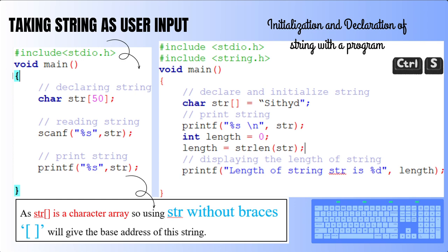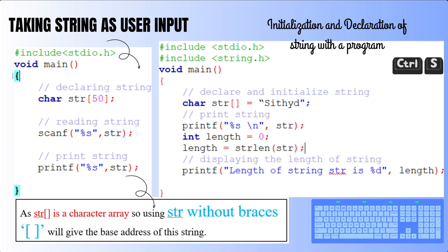we have an example. We just learned the initialization and declaration of a string, so we will understand it with the help of an example. There are two programs actually. In the first program, we have a character array str of size 50.